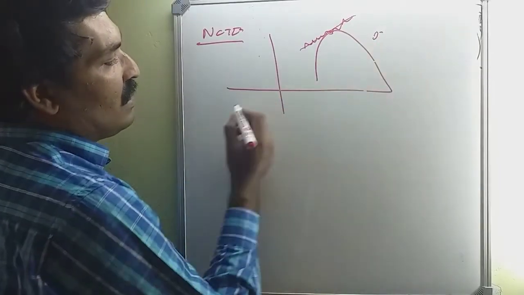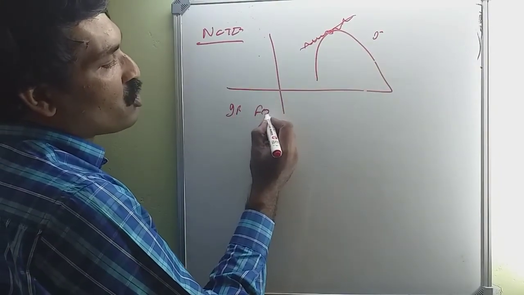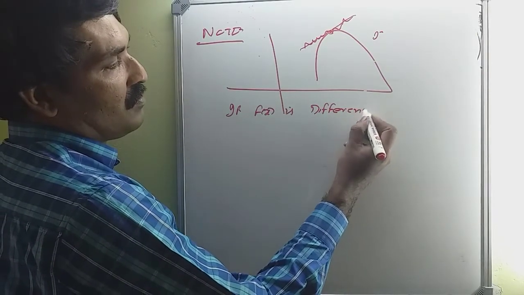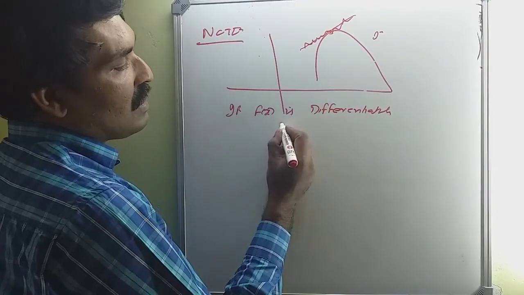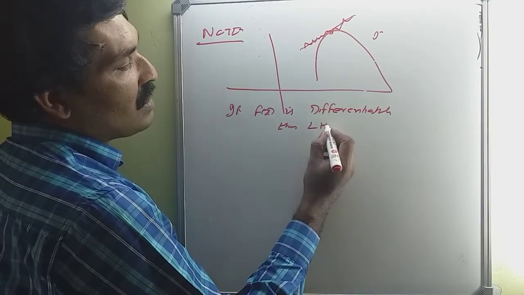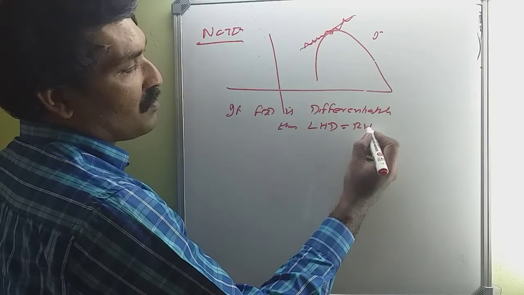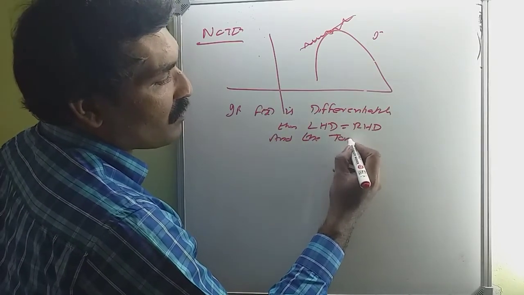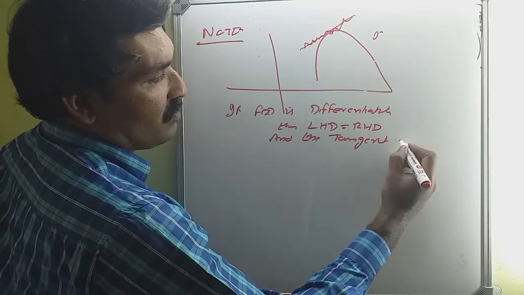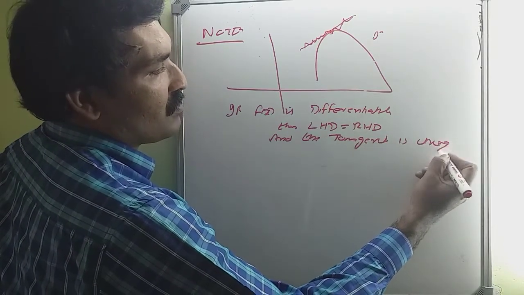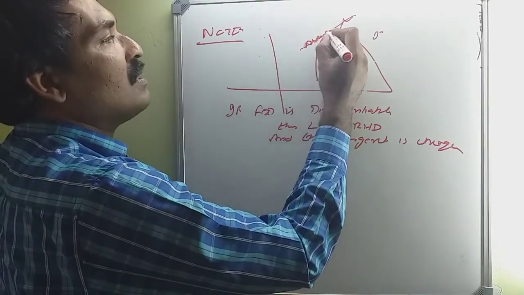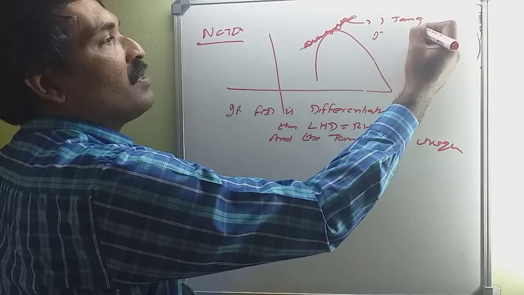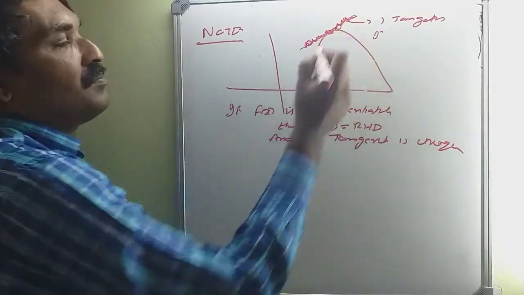If the function is differentiable, then LHD is equal to RHD and the tangent is unique. So there is only one tangent at this point, from this side and this side.